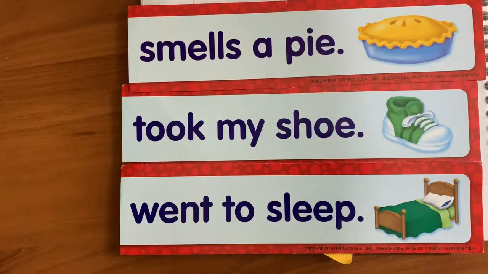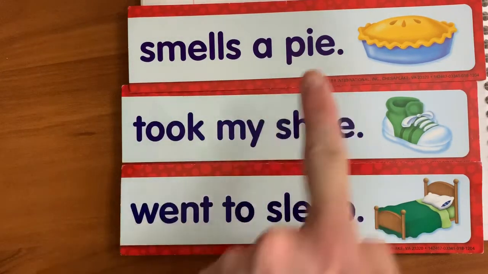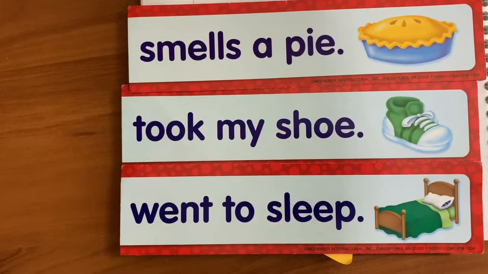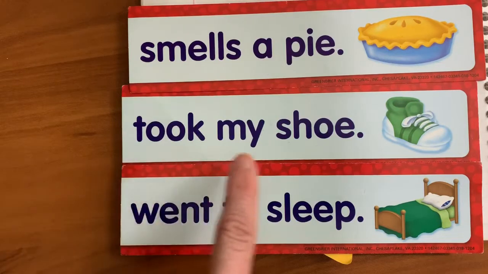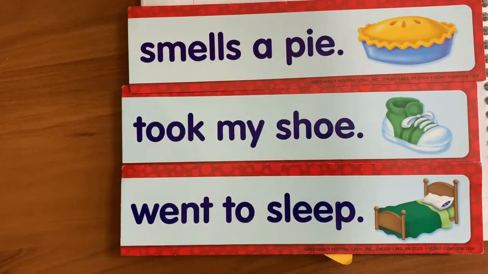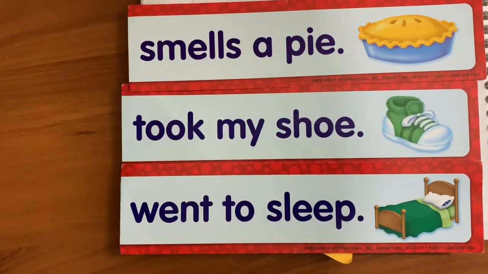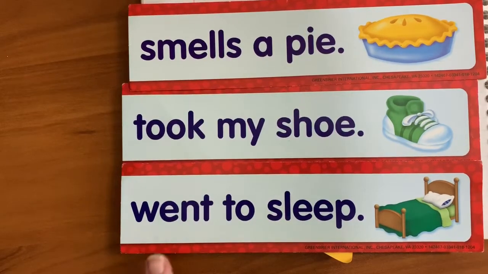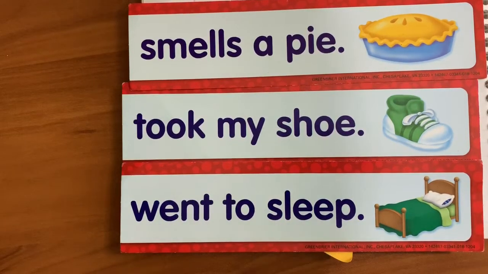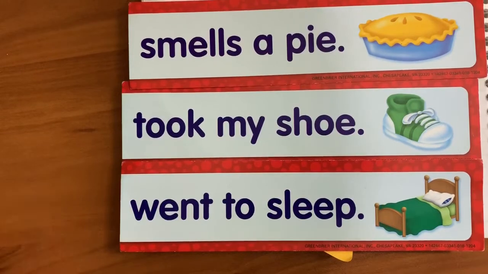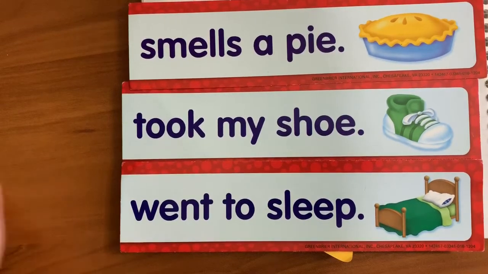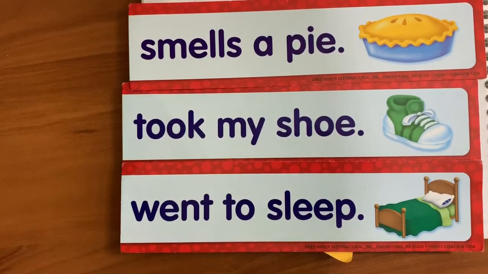The top one says, smells a pie. Well, in this sentence, I don't know who or what is smelling the pie. Took my shoe. Who or what took my shoe? The last one says, went to sleep. I don't have anything over here telling me who or what went to sleep.